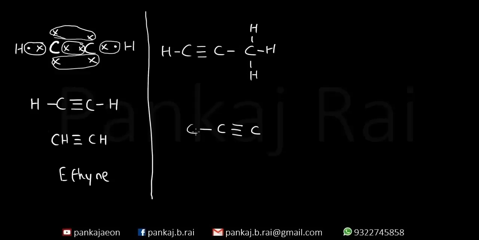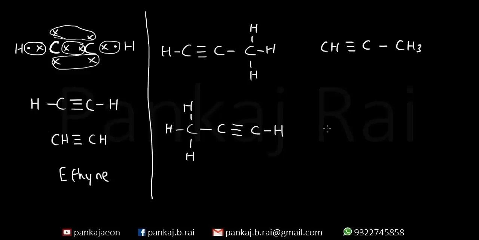Let us look at this one. This carbon atom has formed only a single bond, so it can form 3 more bonds with 3 hydrogen atoms. This carbon atom has already formed 4 bonds, 1, 2, 3, 4, so it won't be forming any bond with any other hydrogen atom. Whereas this carbon has formed 3 bonds, so it can form one more bond with the hydrogen atom. They can be written as CH triple bond C single bond CH3.